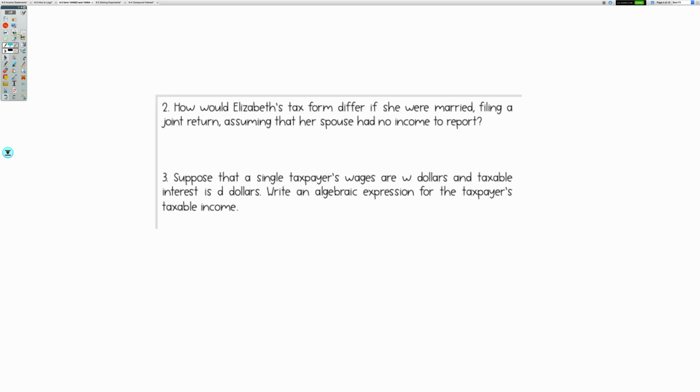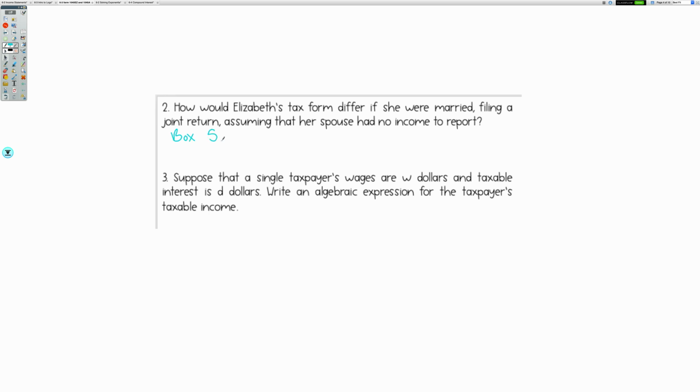Alrighty, still talking about Elizabeth. How would Elizabeth's tax form differ if she were married, filing a joint return, assuming that her spouse had no income to report? So the first few lines where we're adding up the income don't change. So what would change if she was married? Box number 5. So what about box 5?